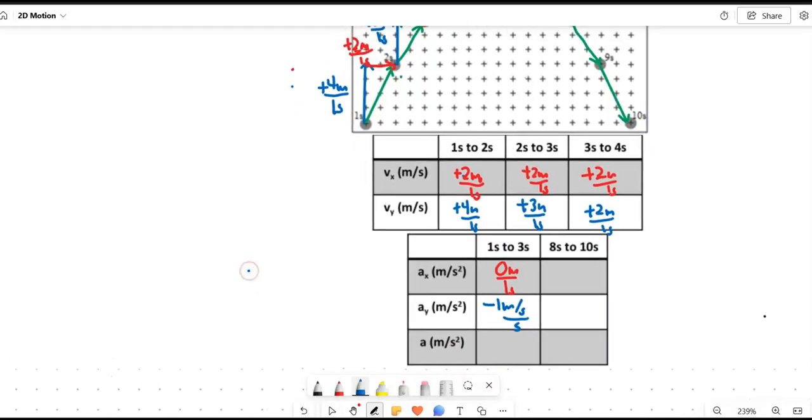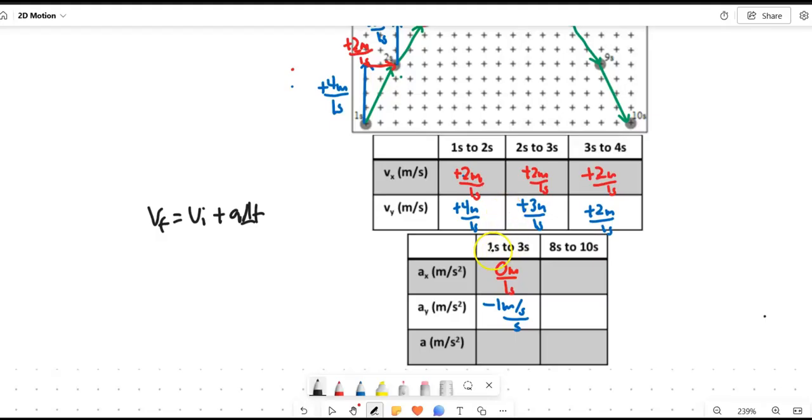All right. Well, let's do some calculations, which is not necessary. You don't have to do it in this case if you've already intuitively figured it out. But let's do it. All right. So the velocity from 1 to 2 seconds is, what we're going to do is this. We're going to figure out the velocity final equals velocity initial plus acceleration times delta t. Okay? And I just want to prove to you that this is true. So the velocity in the end, and let's just do right here in this period of time.